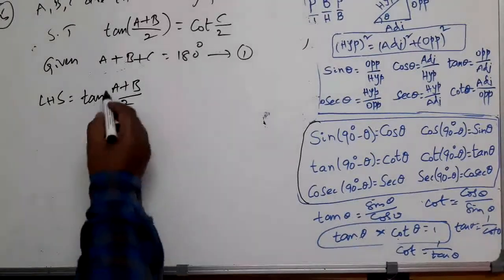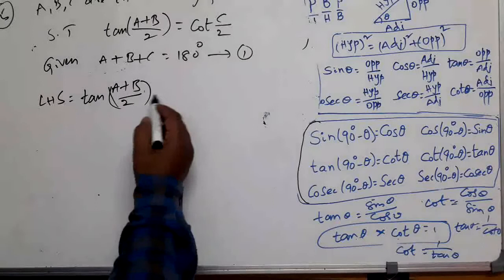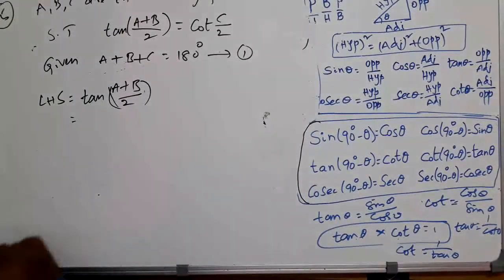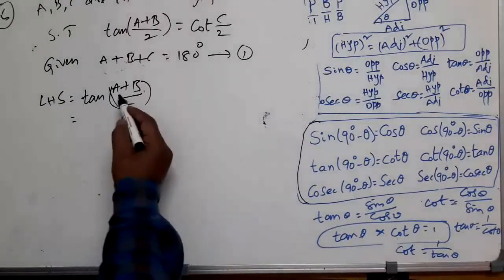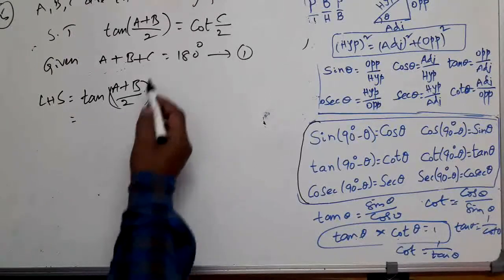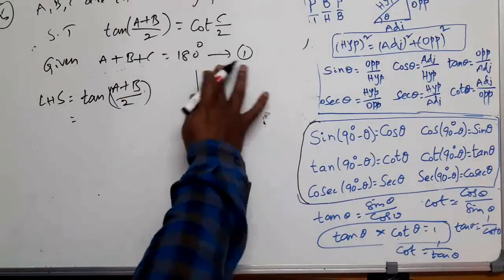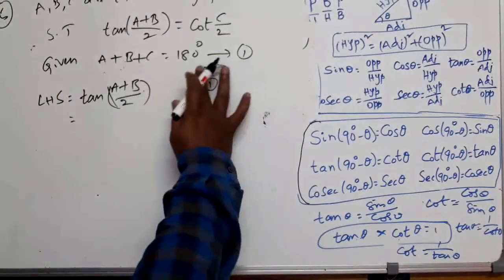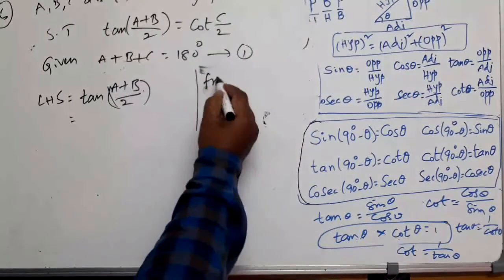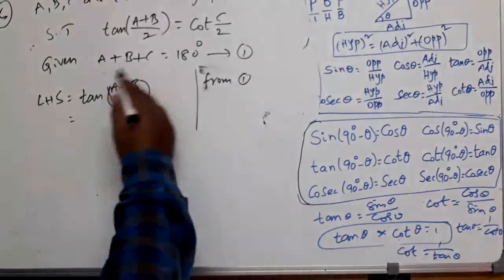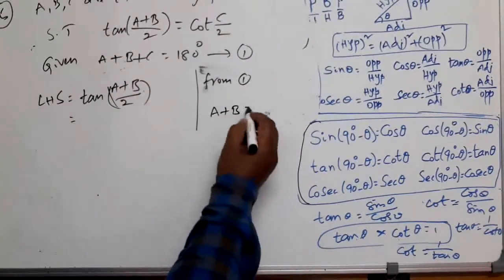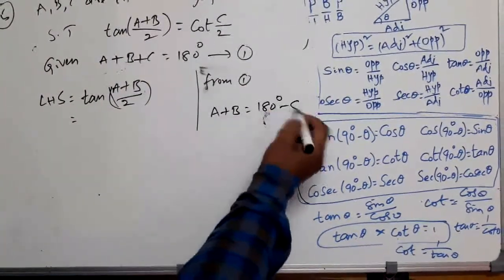This is the left hand side part, right? I'll simplify this. Numerator is A plus B. Here, from relation 1, see, A plus B can be written as 180 degrees minus C, is it not?